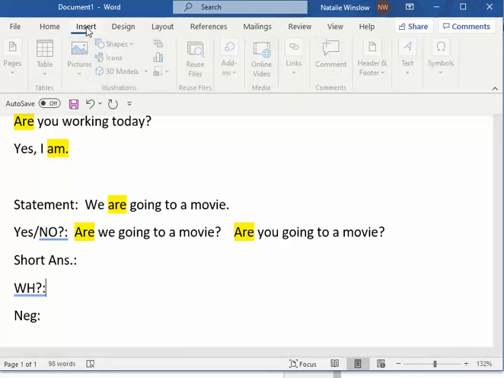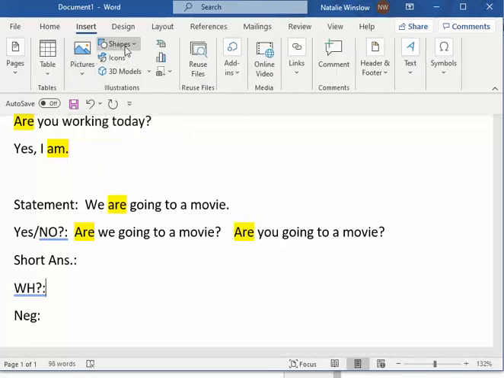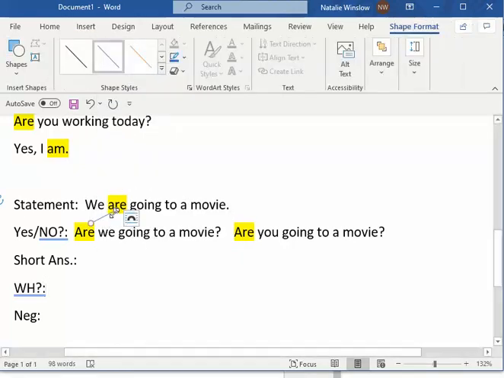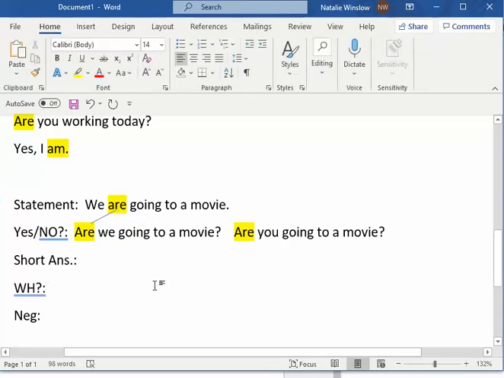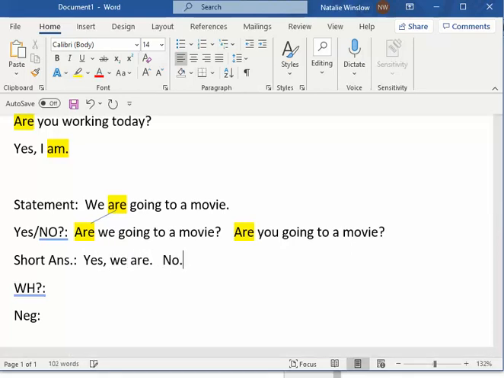And let me insert a line again, just so you remember that the be verb has to change order. And if I give a short answer, the question is, are we going to a movie? Are you going to a movie? The short answer would be the same. Yes, we are. No, we aren't.